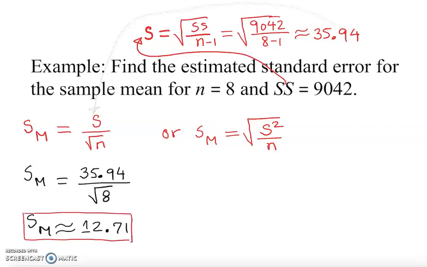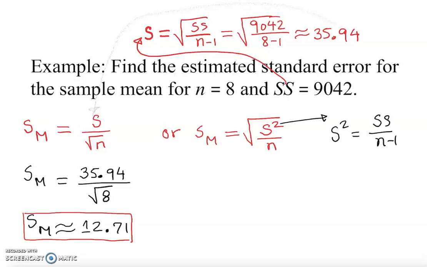So that is how we find the estimated standard error of the mean. Again, we can do it a different way and see that our answer is the same. This one down here on the right side is S squared. How do we find S squared? S squared is SS over n minus 1. That is the formula we learned when we found standard deviation manually.